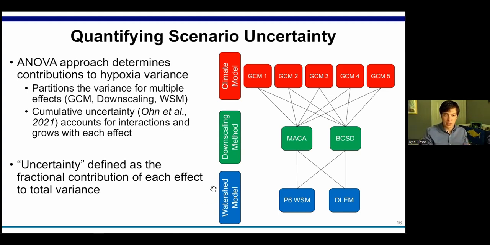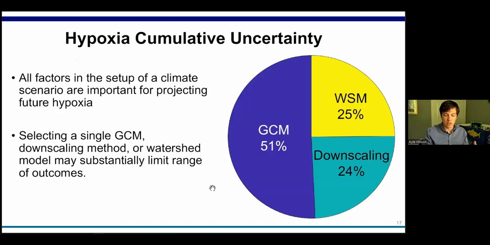So altogether for your uncertainty in hypoxia in the future, we see right away that all of these factors in setting up a climate scenario are important when projecting future hypoxia in this coastal zone. Selecting just a single GCM or downscaling method and excluding your watershed model could leave you missing a quarter up to half of the possible range of outcomes, which I think is fairly high.